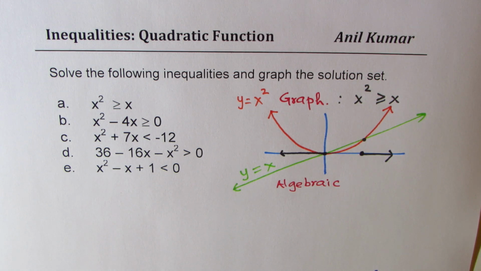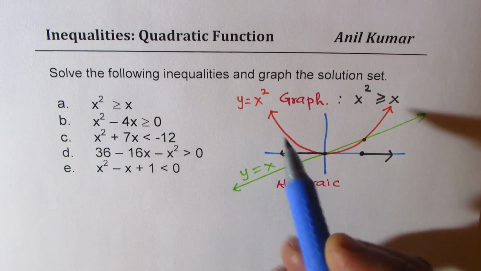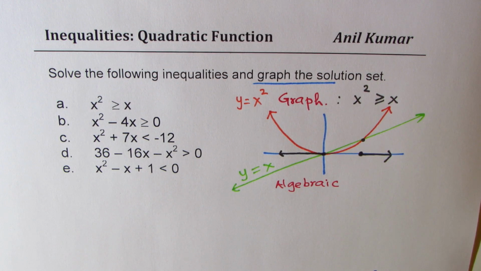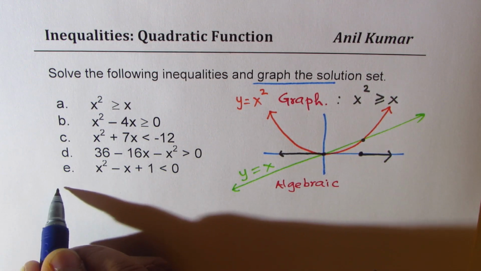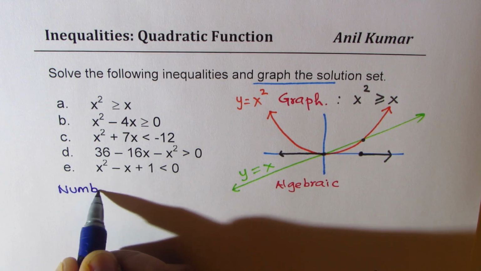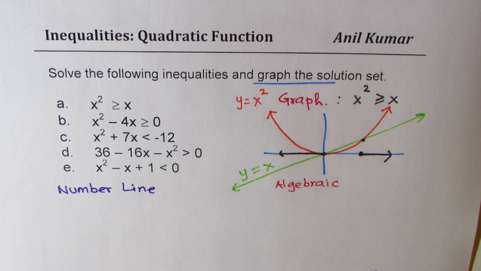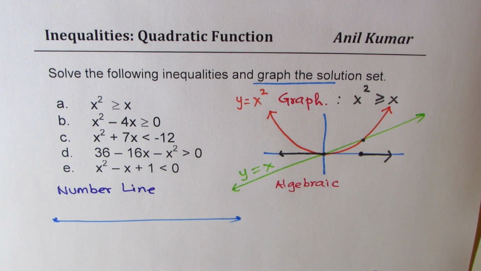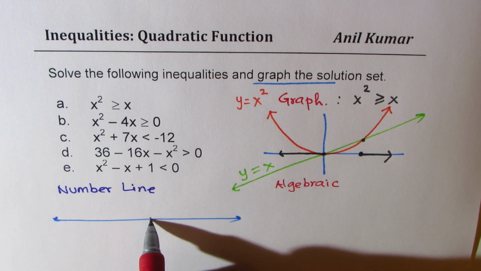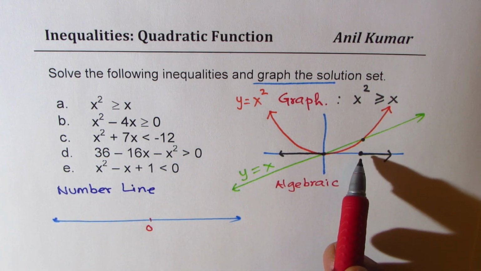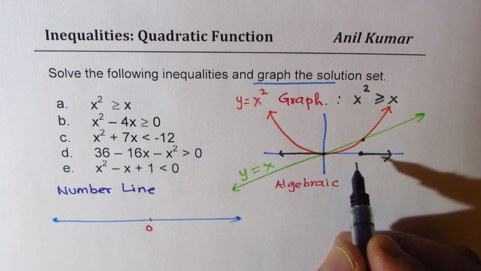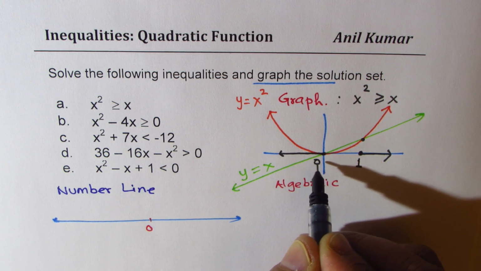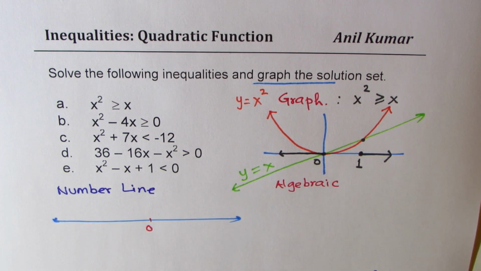Perfect. And this solution could be represented in a form of a graph, which we normally say number line. So we'll actually represent the solution on a number line. So I could say that if this is my number line with 0 here, in that case the solution set is away from 1 to the right side and left of 0, including both these points, correct?